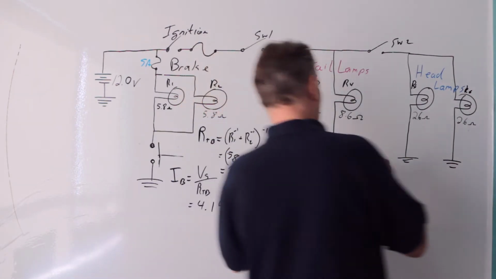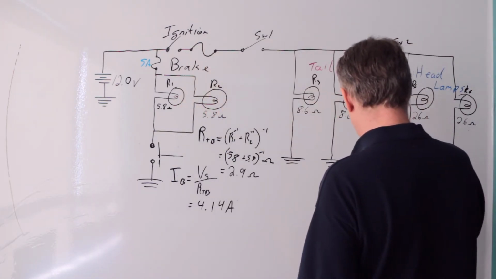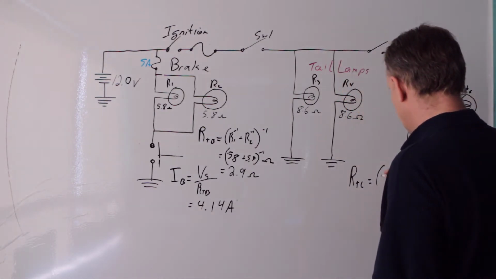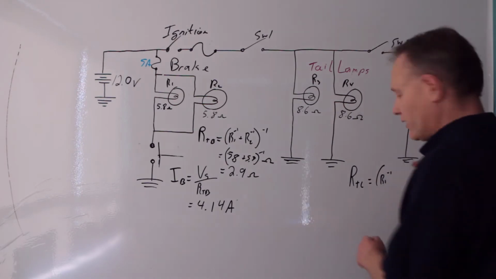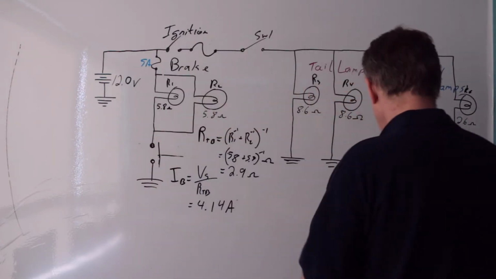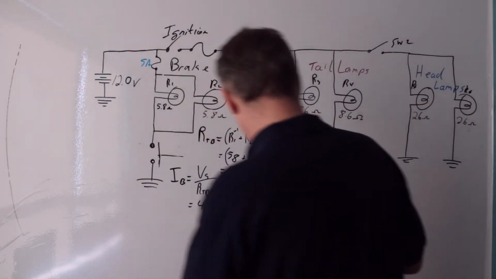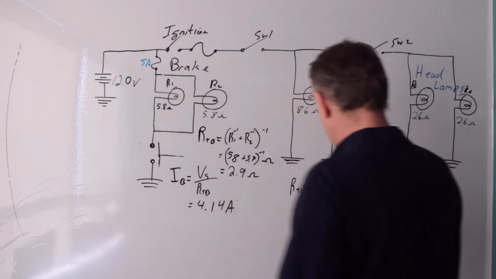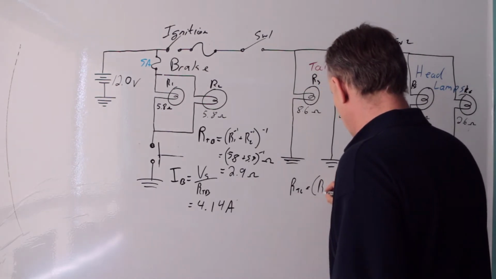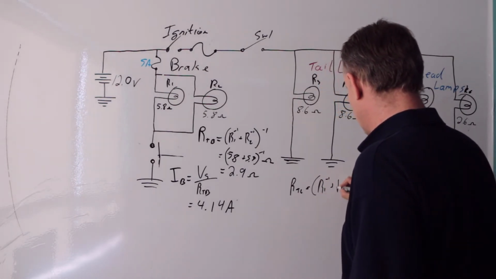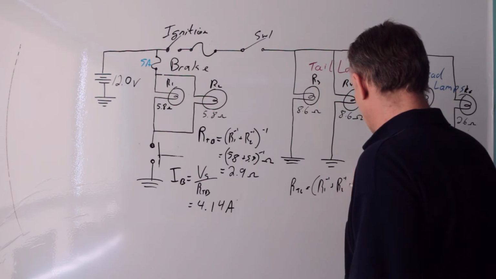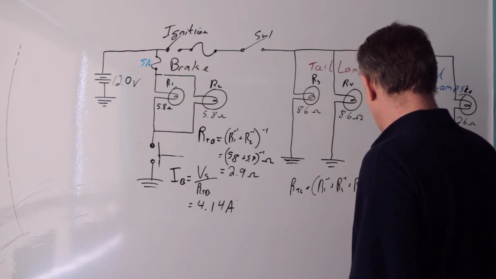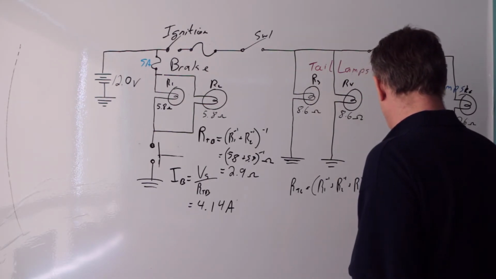Okay, good. So what's going to happen here is that I'm going to call it resistance total of all of the lights, and that's going to be R1 to the negative. I'm going to sneak this over a little bit. The resistance total of all of the lights equals bracket R1 to the negative 1 plus R2 to the negative 1 plus R3 to the negative 1 plus R4 to the negative 1, all to the negative 1.